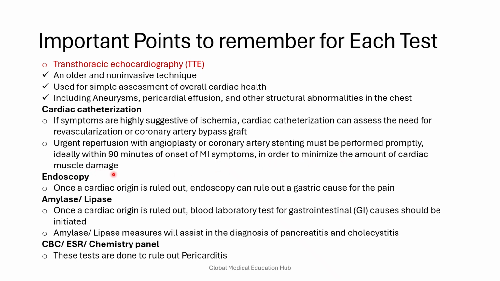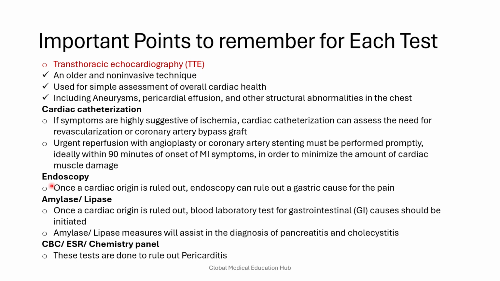If the physician is looking to minimize the amount of cardiac muscle damage, this time window is very important. Within 90 minutes of onset of MI symptoms, urgent reperfusion with angioplasty or coronary artery stenting must be performed.